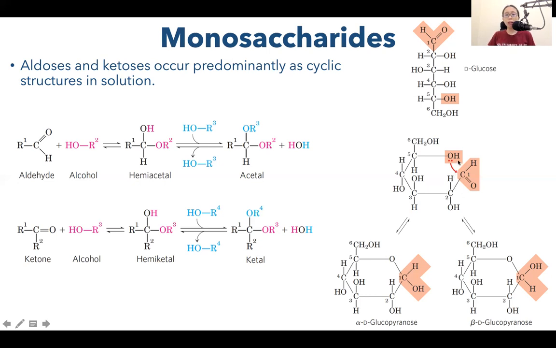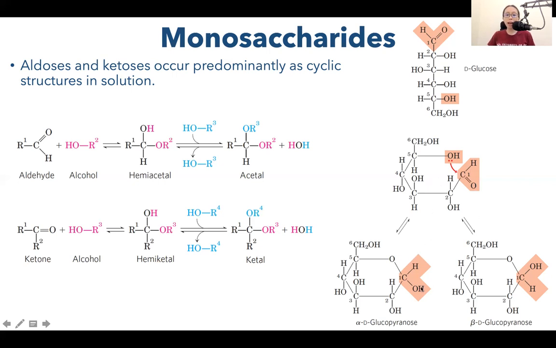So how is the chirality generated? When the lone pairs of the oxygen in the OH group attack this carbonyl carbon, this carbon now becomes an sp3 hybridized carbon. Now the oxygen can orient itself either above the ring or below the ring.